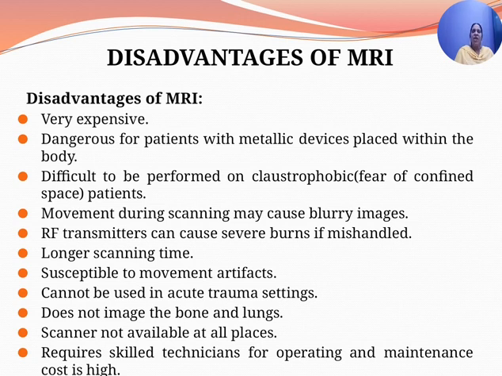It does not image the bone and the lungs. Scanners are not available at all places and require skilled technicians for operating, and maintenance cost is high. So these are the disadvantages of the MRI system.